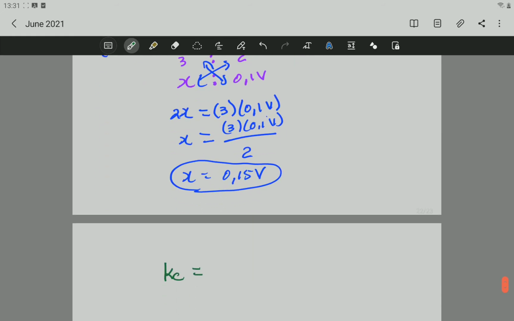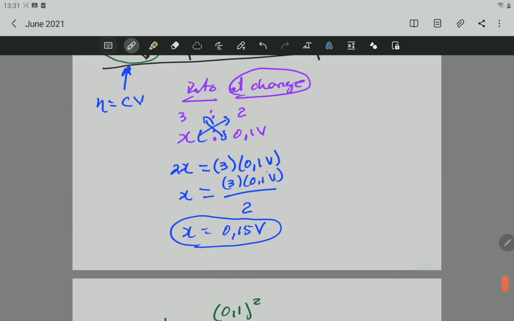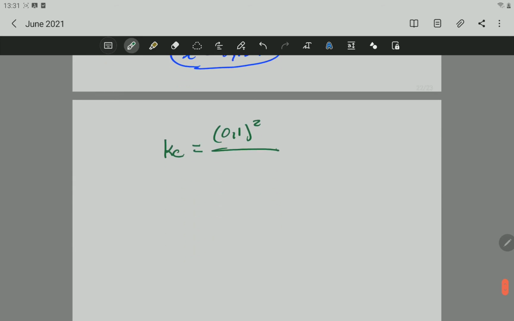The concentration of the product is 0,1 to the power 2, divided by the concentration of the reactant, 0,46 minus 0,15 V over V, to the power 3. And this is the Kc expression.